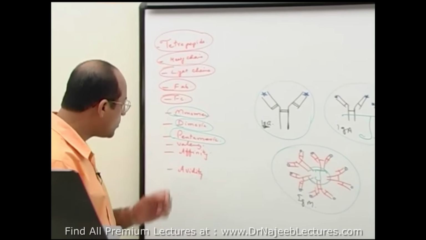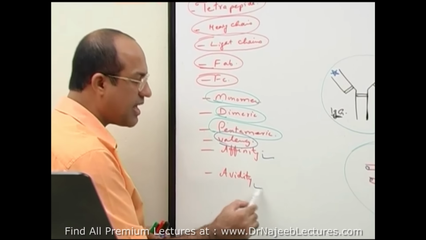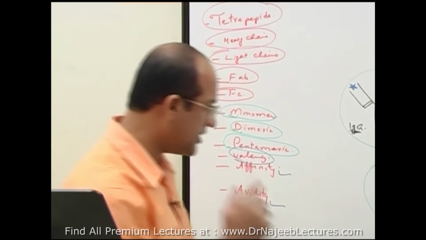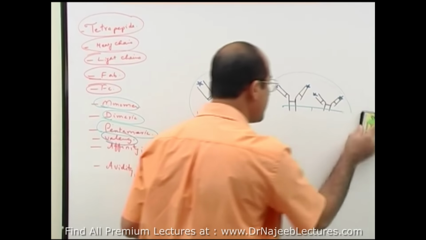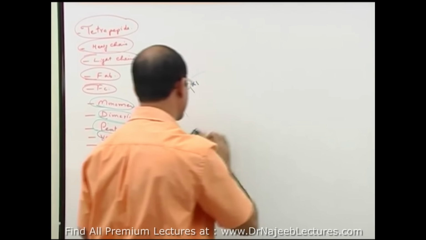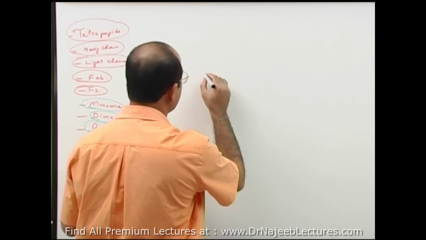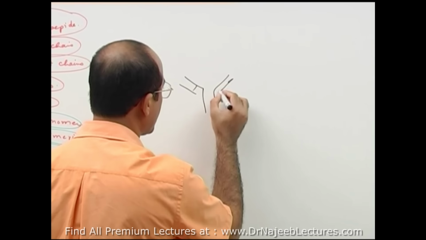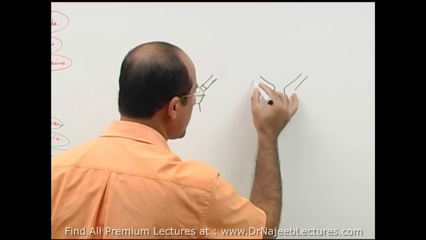No problem. Now we have to come across another term, the concept of affinity and avidity. Let me tell you the meaning of affinity between the antigen and antibody. Let's suppose this is one antibody molecule, this is another antibody molecule.